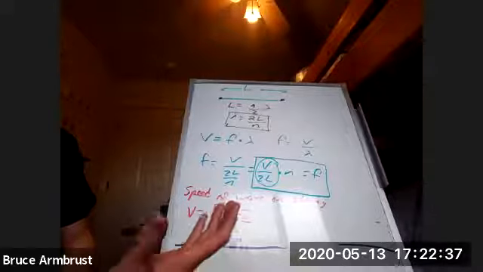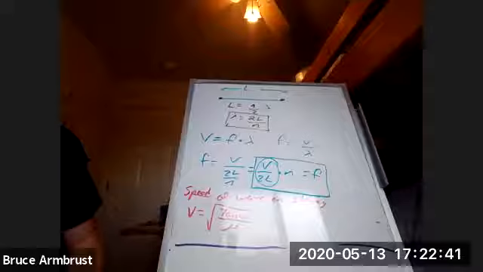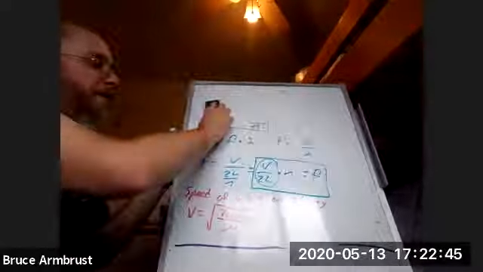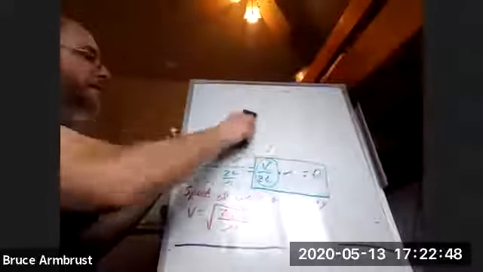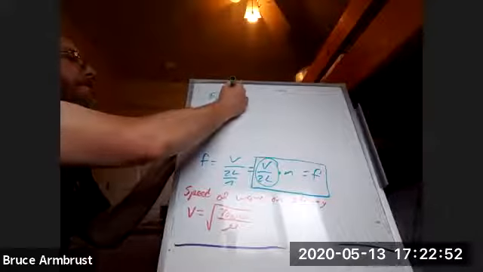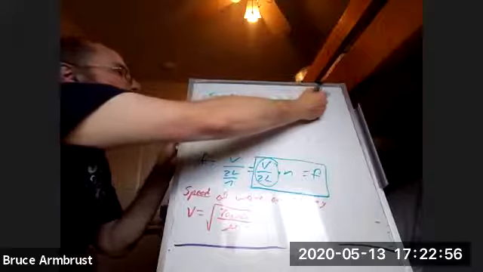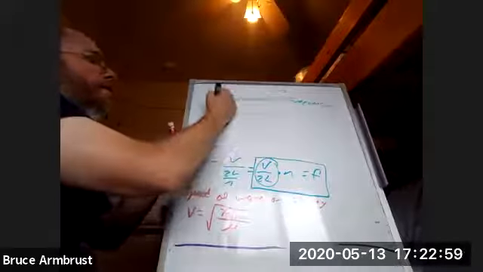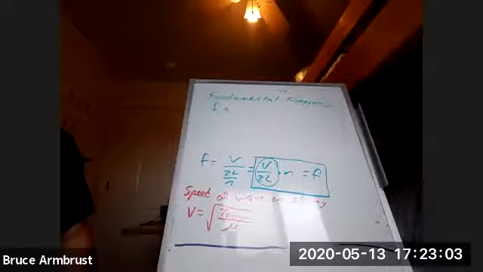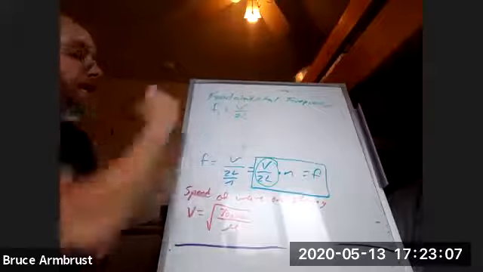I could make it 5 billion even, which would give me a different frequency. Well, this one, the V over 2L, we call this the fundamental frequency. So we're going to write that as F sub 1. That's our fundamental frequency. And it's V over 2L, right?